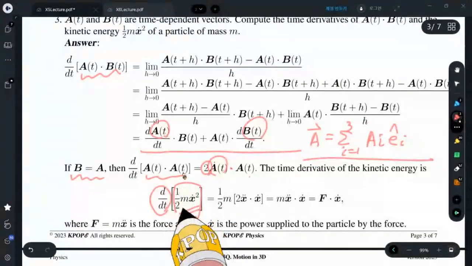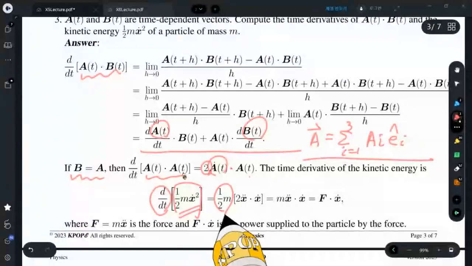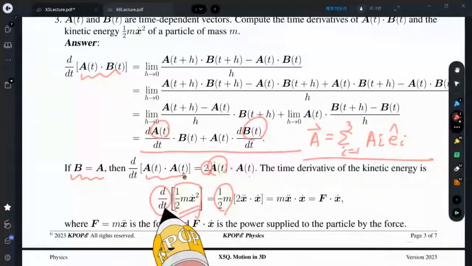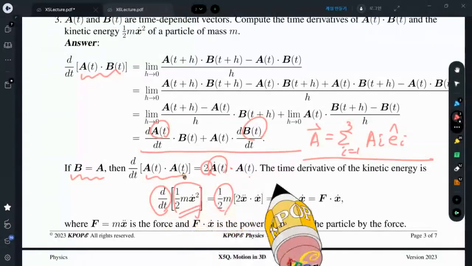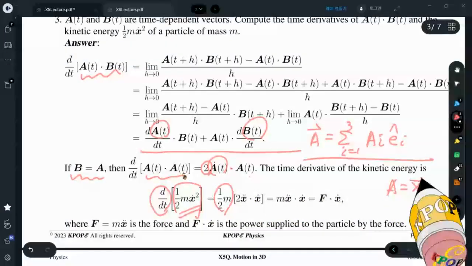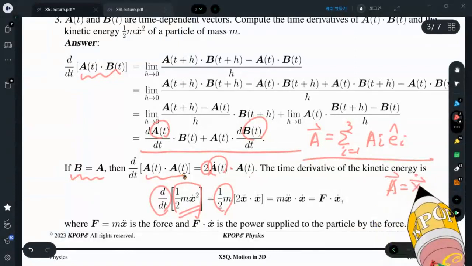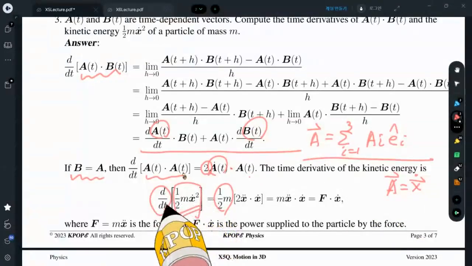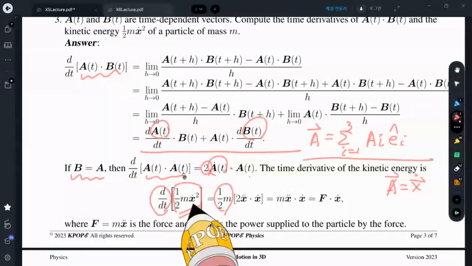So we have 1/2 m, where mass is constant in non-relativistic theory, and we take the time derivative of this. We substitute A equals x vector dot, so velocity. Velocity squared, we have taken the time derivative of the velocity squared.